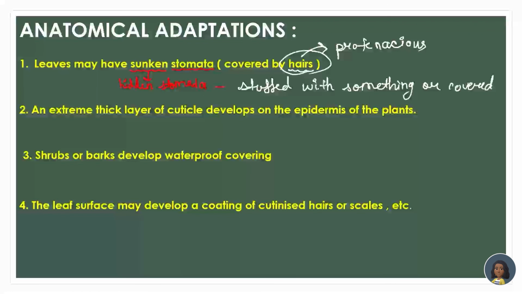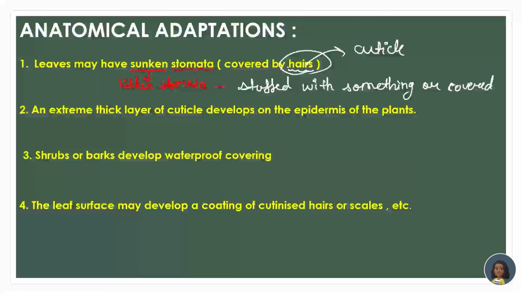But for the time being, all you have to know is sunken stomata means hidden stomata. That means it is either stuffed with something or covered with something, covered with this sort of hair. It can be keratinized hair, proteinaceous hair, cuticle. We can say cuticle, it is also a protein. Okay, so that was about the sunken stomata.